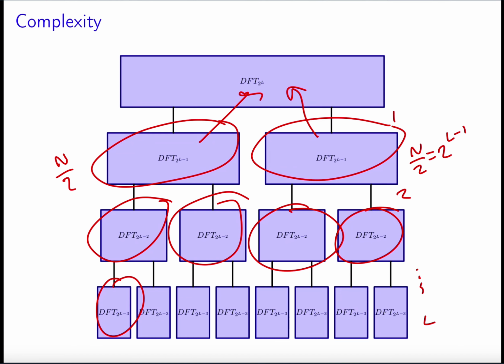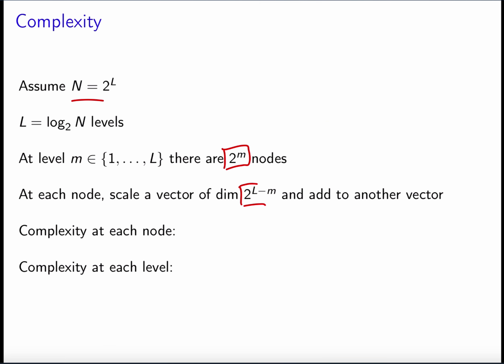In case you're wondering where the minus m comes from, here it would be n-fourth, so it's equal to 2 to the L minus 2, and so on and so forth. So in general we have 2 to the L minus m.